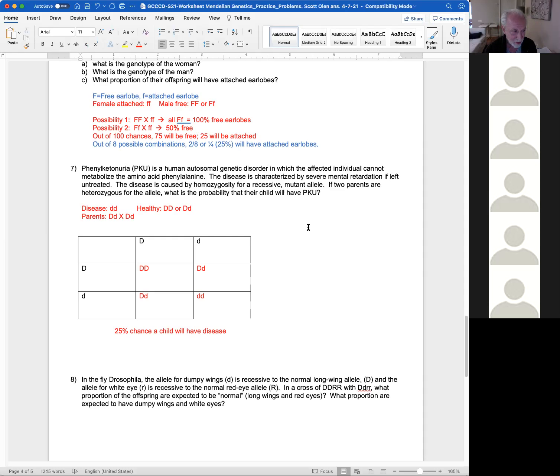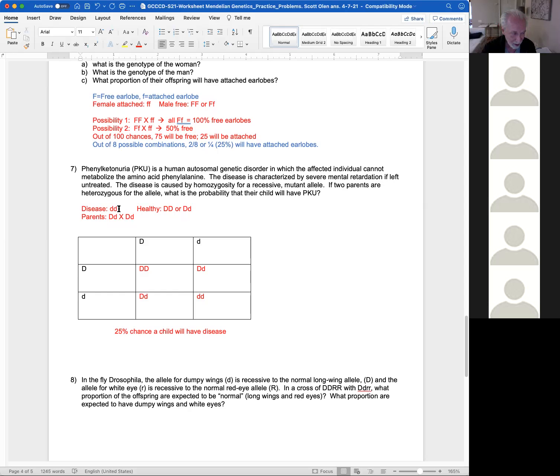The affected individual cannot metabolize phenylalanine. So it's characterized by severe mental retardation if left untreated, and it's caused by homozygosity of the recessive mutant allele. So if 2 parents are heterozygous for the allele, what's the probability their child will have PKU?